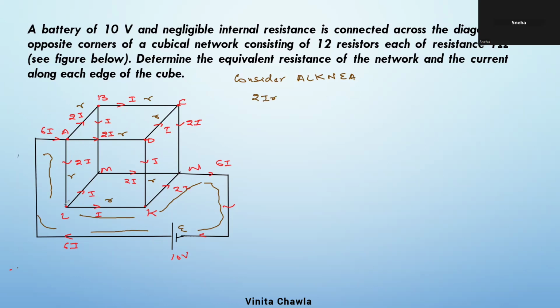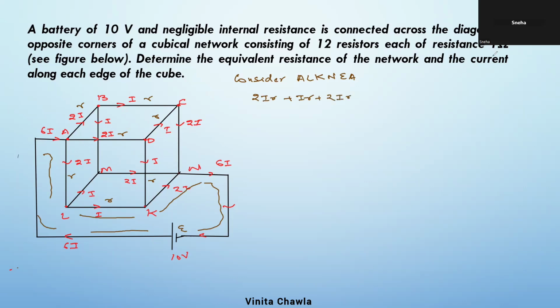Then we go from A to L and then L to K. Current I is there and resistance is r, so we'll write Ir. Again from K to N, current is 2I and resistance is r, so it's 2Ir.